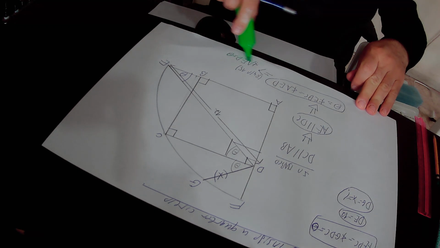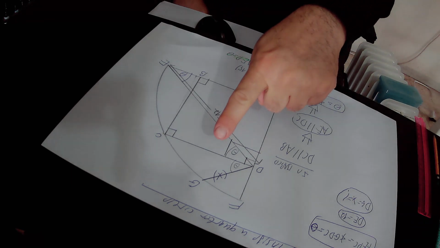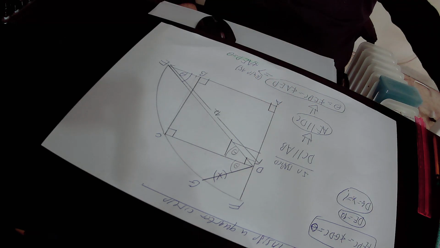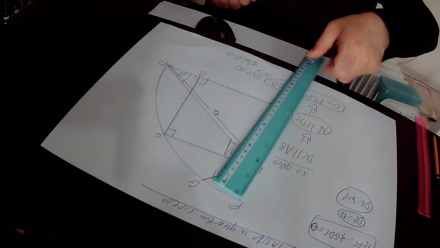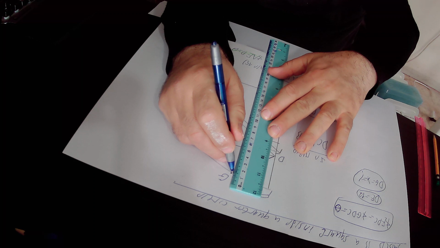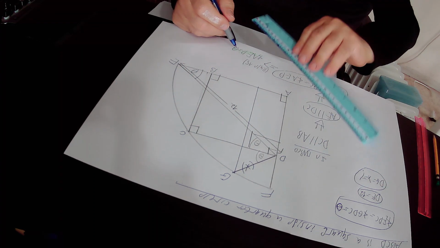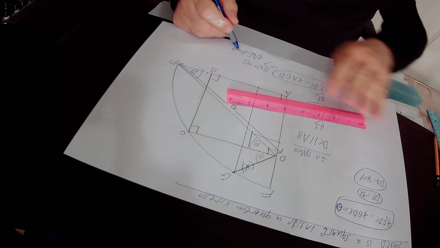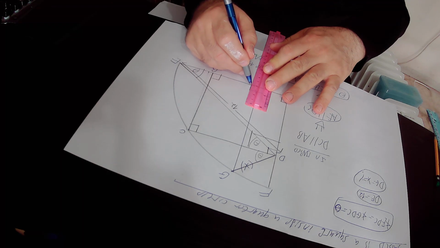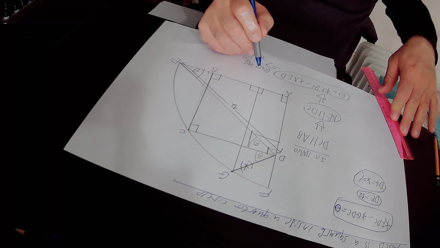In the next step, we will do a construction. That is to say, from point G, we will draw a perpendicular to AB. So actually, this angle equals 90 degrees in size, and this angle is also equal to 90 degrees, according to our construction.